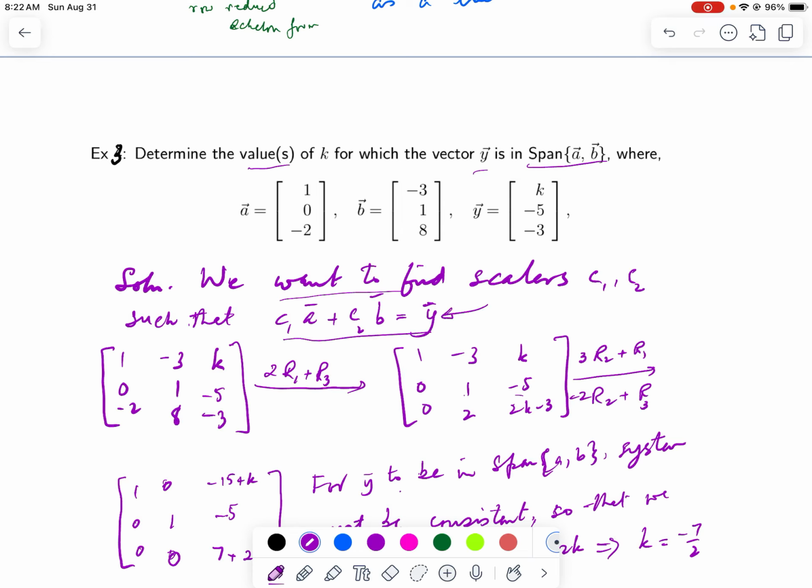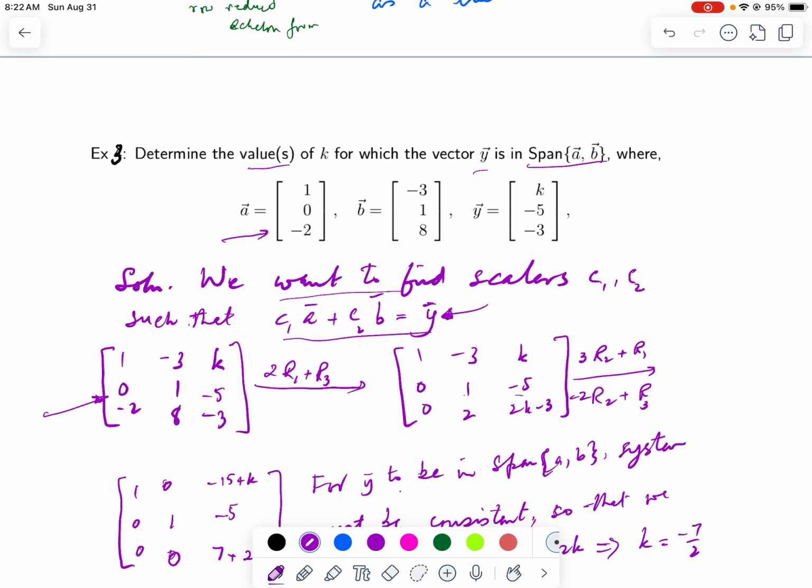But what is this? This is a linear combination of A and B. So it means we are looking to solve this augmented matrix. So the first column is 1, 0, negative 2 because the vector A has those entries. Then the second column is negative 3, 1, 8, and the last column is K, negative 5, negative 3.